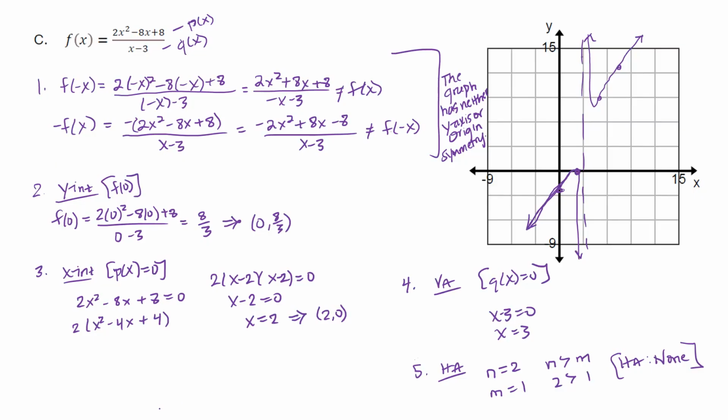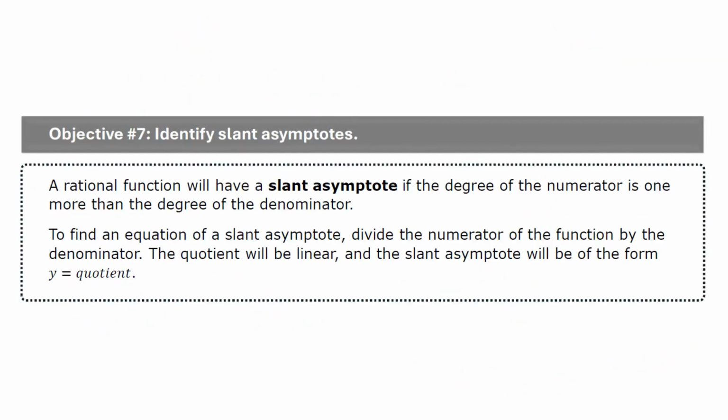Now, if you are like me, you would notice that my graph seems to have some sort of reflection over this slanted line. And that leads us into our last asymptote that we're going to look at, which is called the slant asymptote.